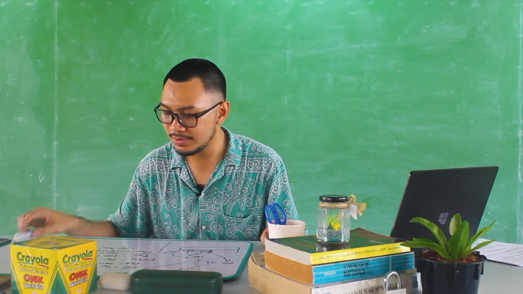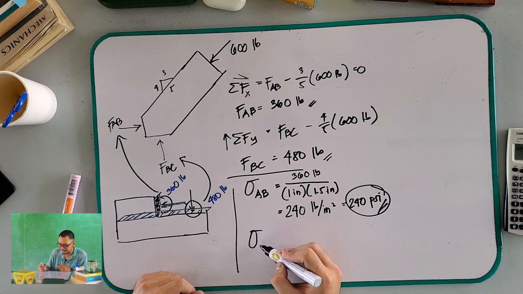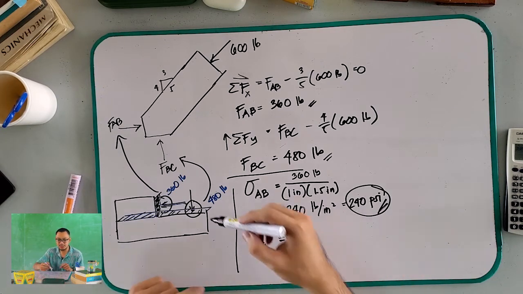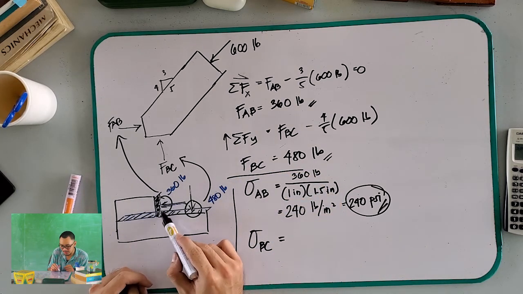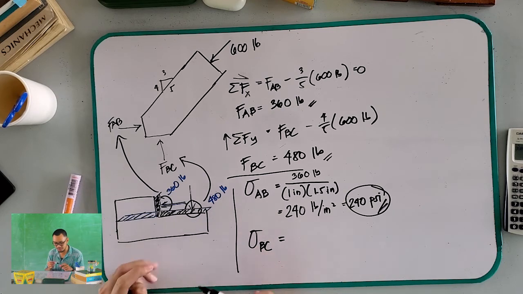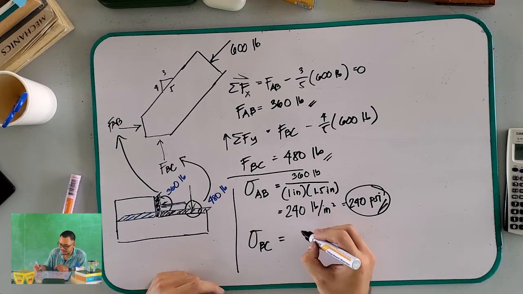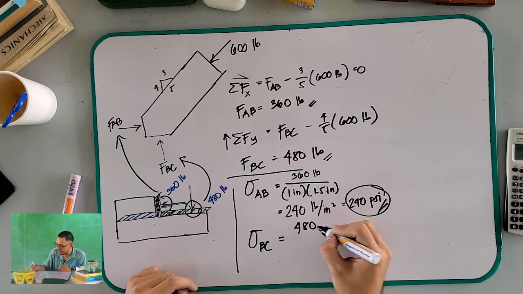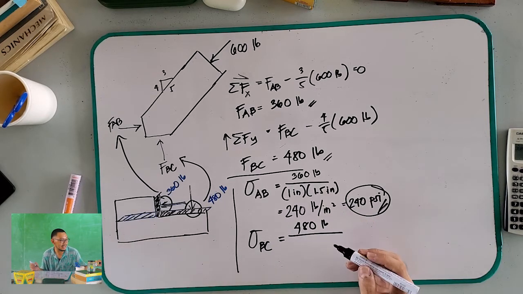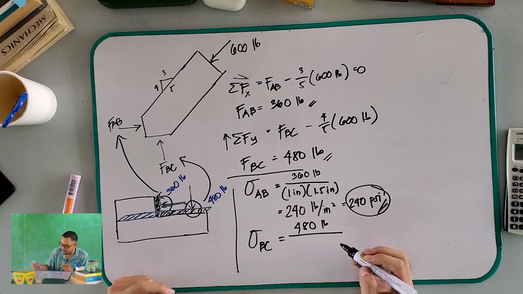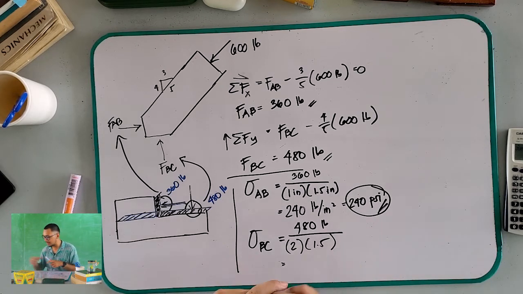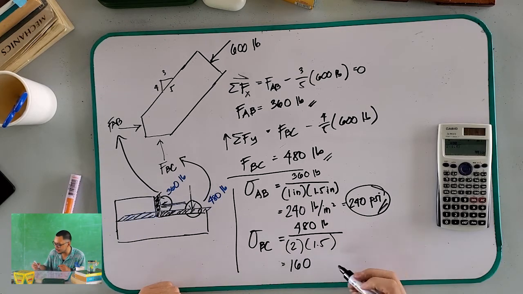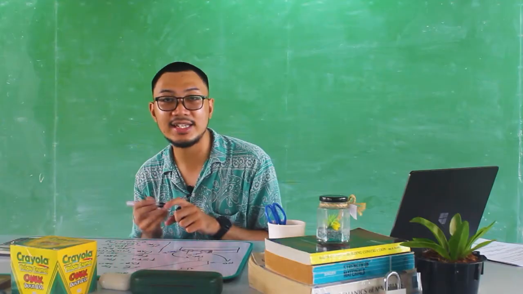Easy breezy, right? Your average stress at BC: this is your force BC, and your area should be perpendicular to your force. Our force is 480 pounds divided by the area, 1.5 and 2. So 2 times 1.5. This is 160 pounds per square inch, or psi. So this is your answer for the stress at BC.